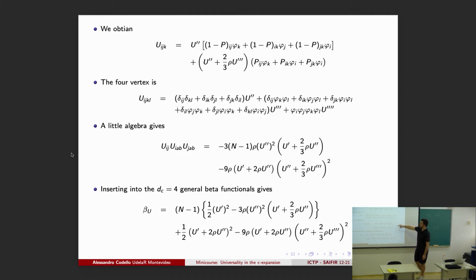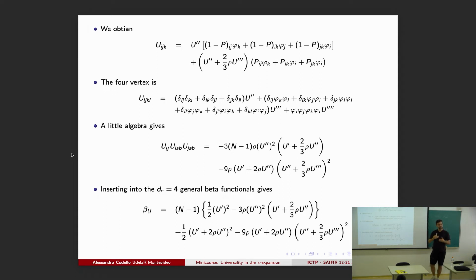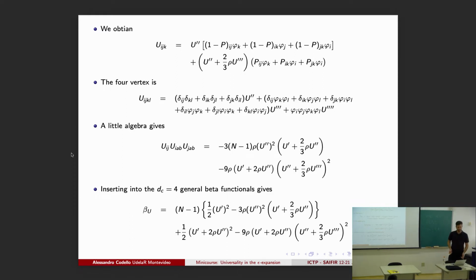Now you just do some little algebra, you exploit the fact that clearly this object and this object are perpendicular to each other, so their product when they are traced is 0, and you obtain these terms here. You put everything together and you have your beta function. And this is all that there is in the relevant and marginal sector of O(N) models for an arbitrary N.